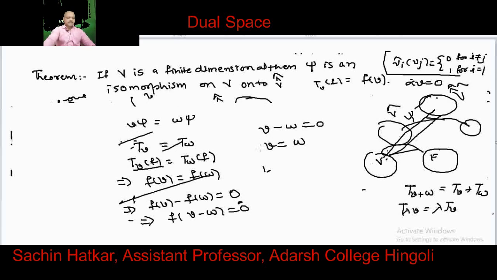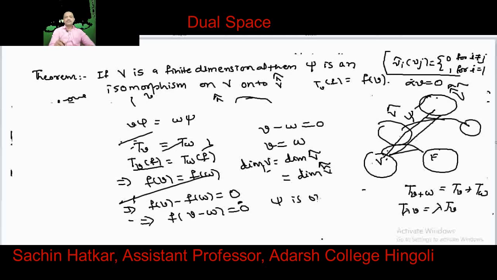Now you can see that the dimension of V, the number of elements in a basis of V, equals the number of elements in a basis of V hat, so the dimension of V hat equals the dimension of V double hat, and therefore this mapping psi is onto.